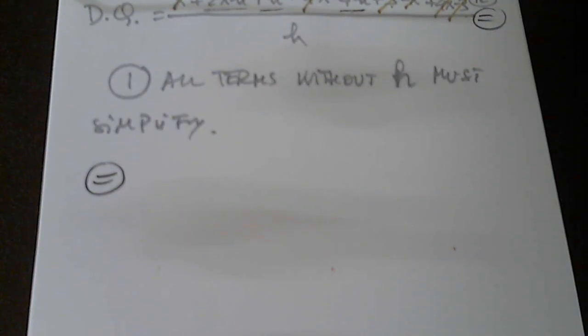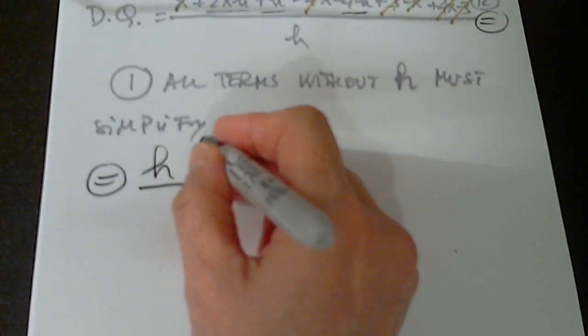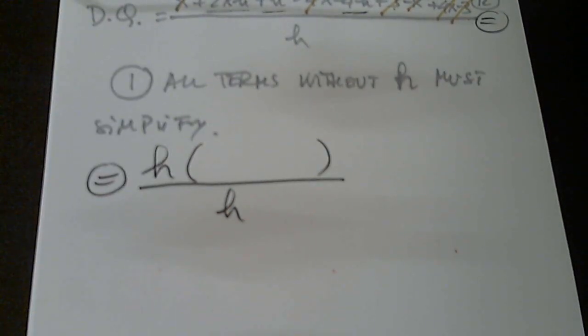Okay, so now jump over this. The remaining terms, 1, 2, 3, they all have h in common. So we will pull out an h. So can anyone tell us what to write in parentheses? All the remaining terms have h in common.